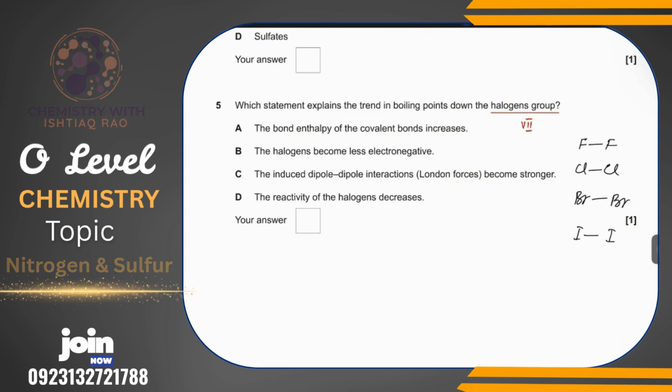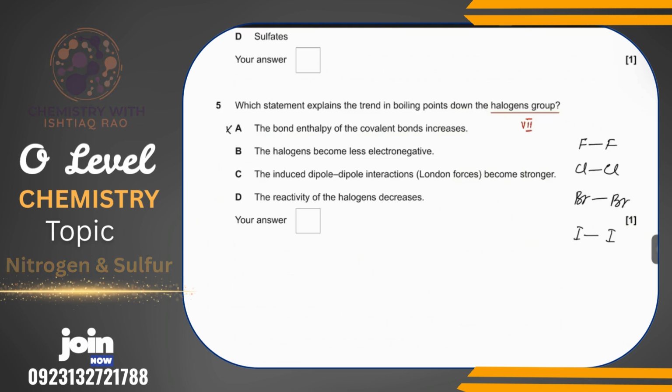In all cases, remember, boiling point and melting point is a physical property which is related to the IMF. It's not about ionic bonding or covalent bonding or dative bonding. Remember, it's all about the intermolecular force. The covalent bond is not an intermolecular force. Option A is wrong.